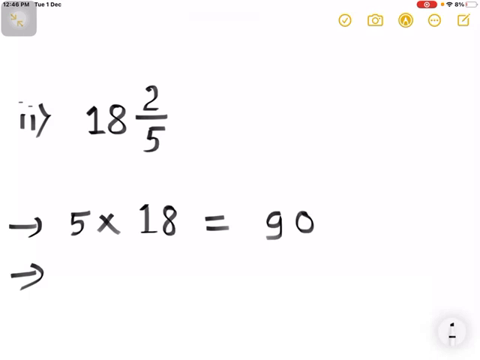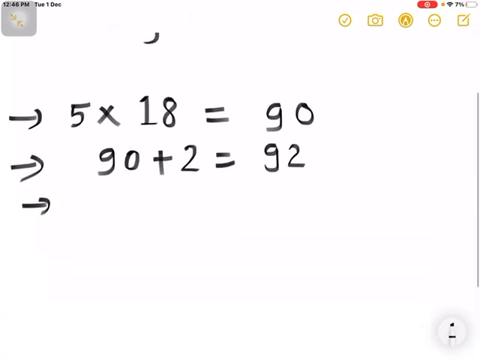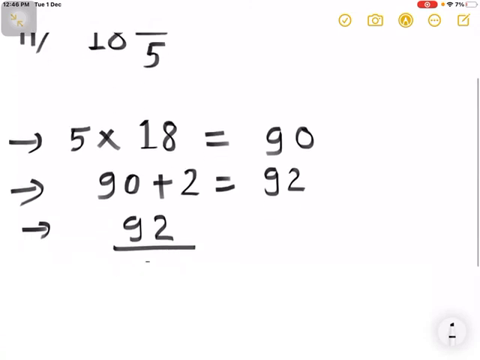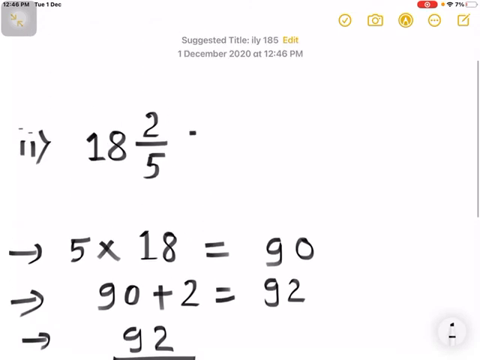Then, according to the second step, add the product with the numerator, that is 92. Then third step, write 92, the result, as the numerator, and there is no change in the denominator, that is 5. So 92 by 5 is our required answer.